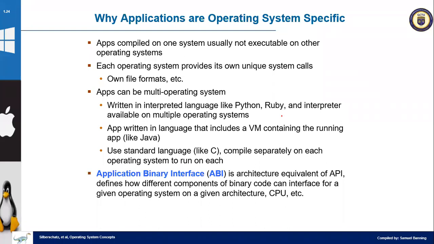So, sir, why are applications operating system specific? Why is it that some applications will run on Windows but will not run on Linux? Some applications will run on Windows XP, Windows 7, but not on Windows 10.